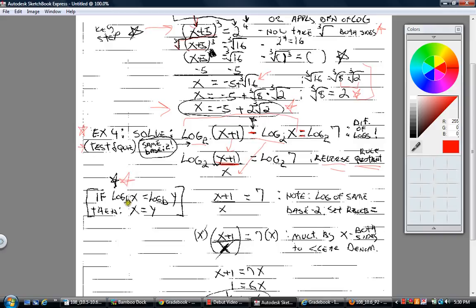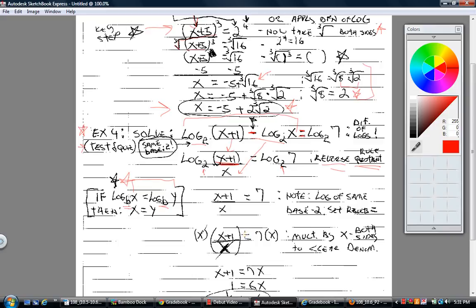When you have logs of the same base, what can I do to the results, class? Yes, set them equal to each other. The logs negate each other, but you must have the same base. So now the result on the left side equals the result on the right side.